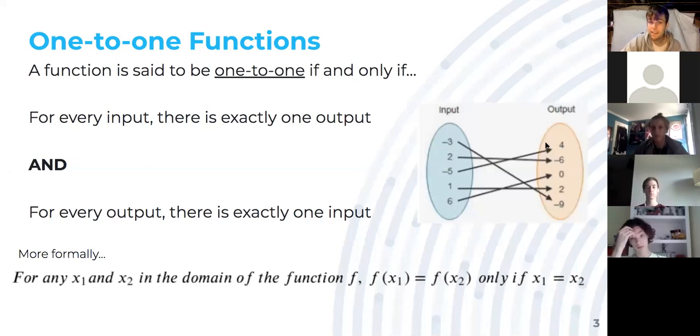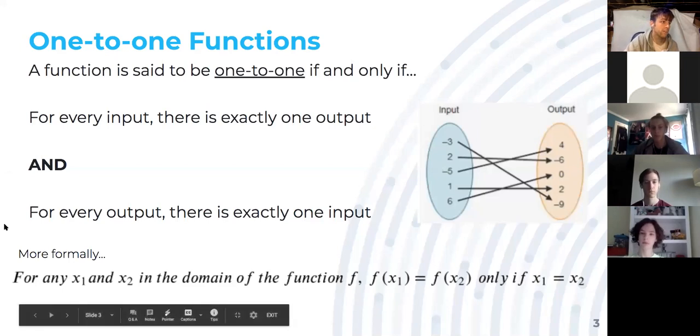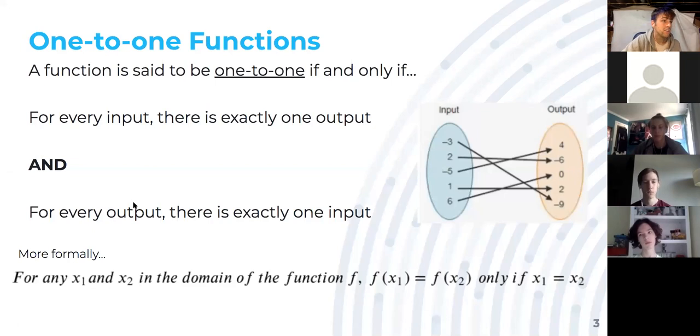Before we can get into deciding if two functions are inverses, or solving for an inverse, we need to be able to decide whether a function is one-to-one. One-to-one is a special characteristic of functions, and it's said this way: a function is one-to-one if and only if for every input there's exactly one output, and for every output there's exactly one input.